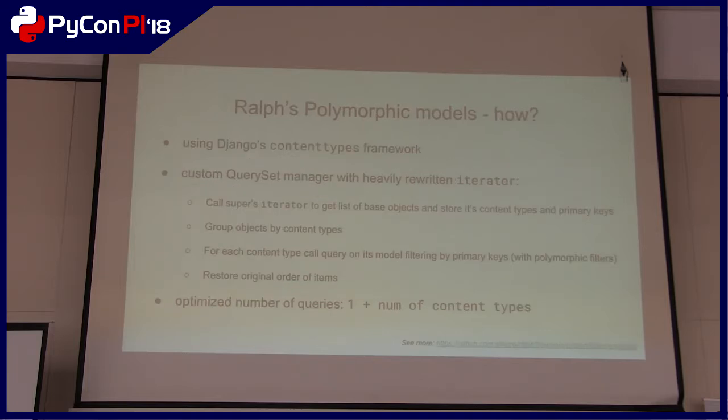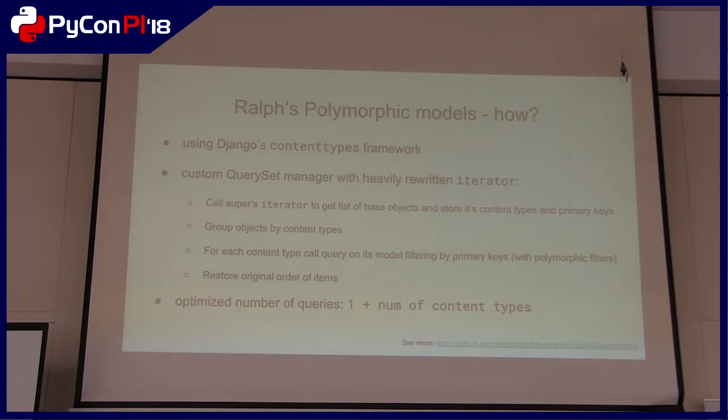And underneath we use the content type framework, just to point out from the base object what type our child object is. So we store only the information about the type of the child object. We have a custom query set. We have only our iterator method, which, as the name suggests, iterates over each result of the query set.